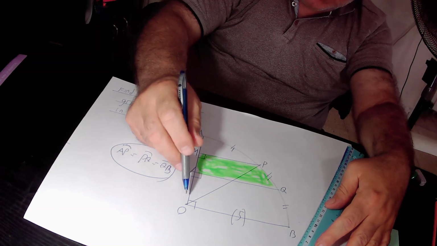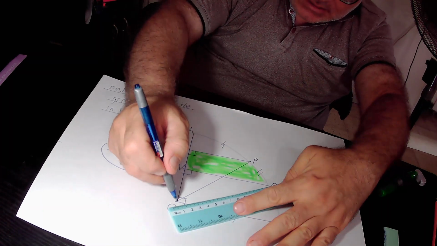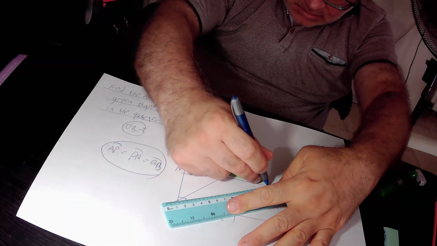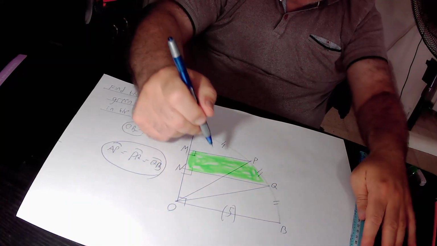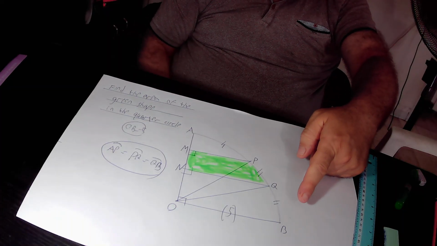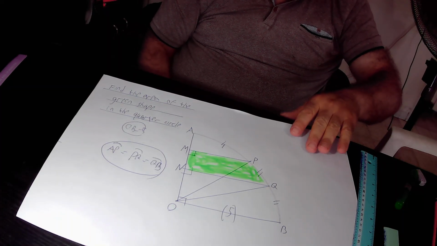We also join points O and Q together by a straight line. Because arc AP equals arc PQ equals arc QB, we can implement rule 20. So I'll get quickly to rule 20.